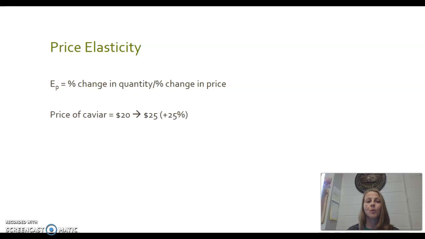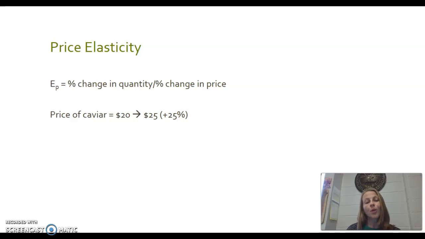So as an example, if the price of caviar increased from $20 to $25, that would be a 25% increase. Now, if you're wondering how we got the 25% increase, it's because there was an increase of $5, and $5 is 25% of 20.